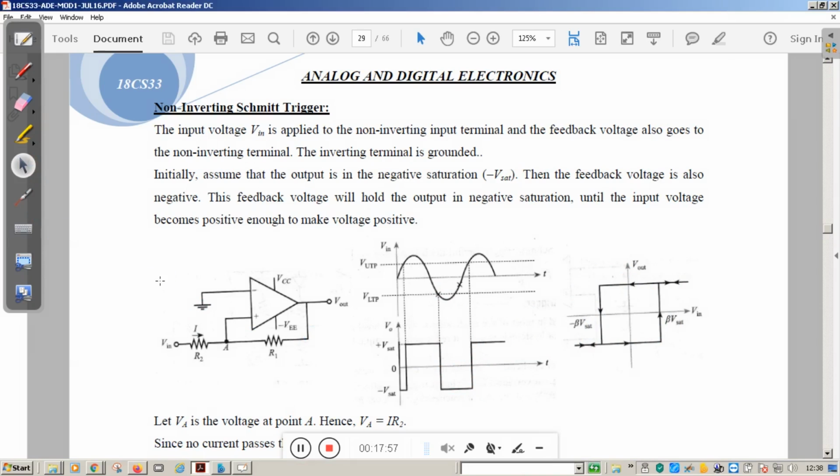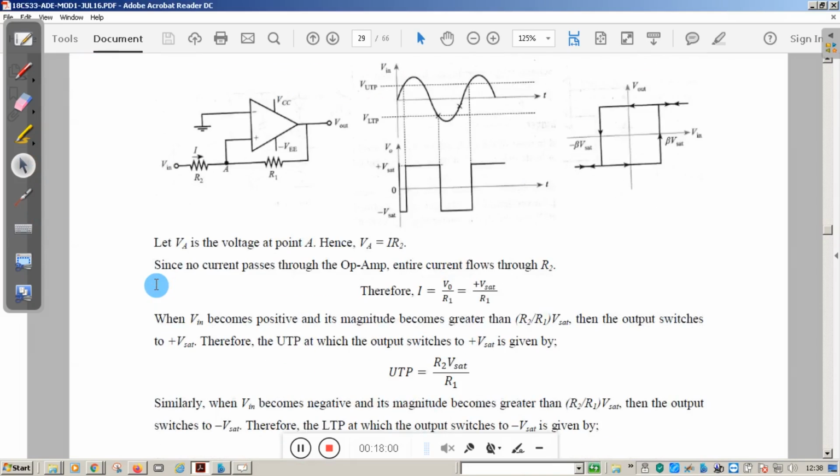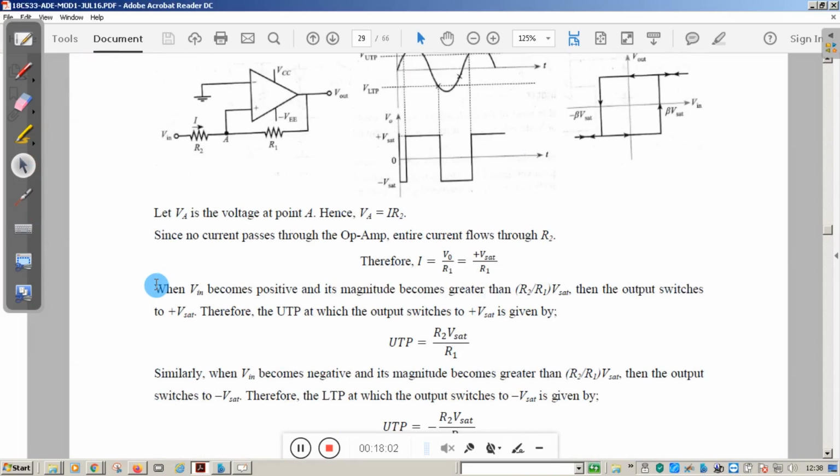Now we will derive the equation, because we have connected the resistors R2 and R1 and the voltage source. VA is the voltage at this point, and the entire current flows through R2; it will not go through the operational amplifier.